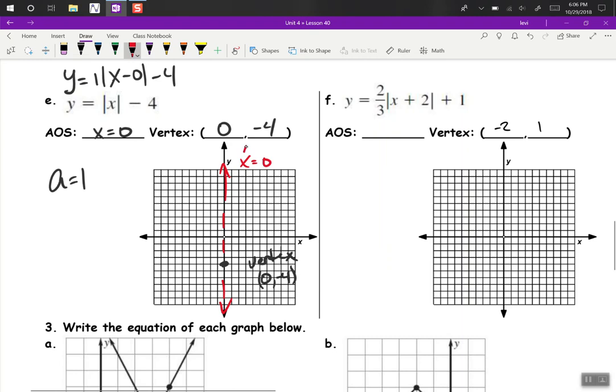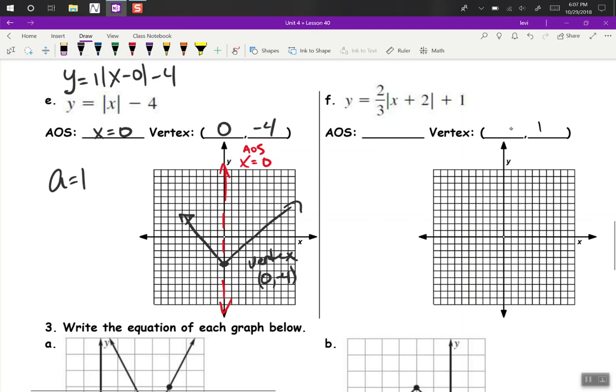X equals 0 is the AOS, axis of symmetry, and our slope again is 1. We'll just have a bunch of 1s. So this way and that way. Pretend I'm going through the correct lattice points. I'm doing a good enough job.